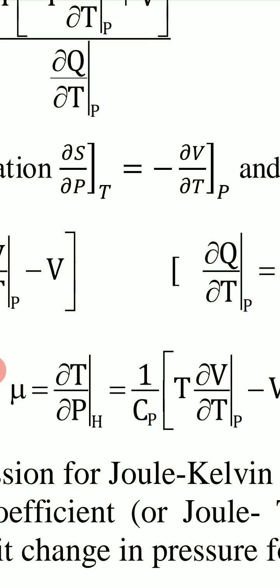Left hand side is partial differentiation with respect to P, and right hand side is partial differentiation with respect to T. So in left hand side, which is partial differentiation with respect to P, we write T as constant, and in right hand side, which is partial differentiation with respect to T, we write P as constant.